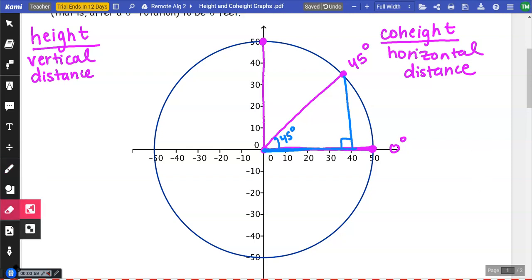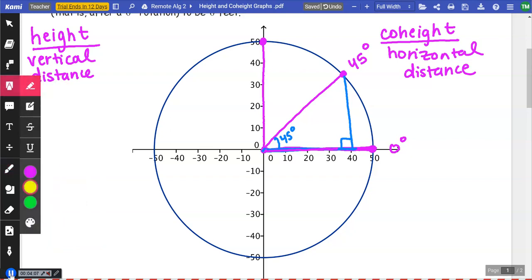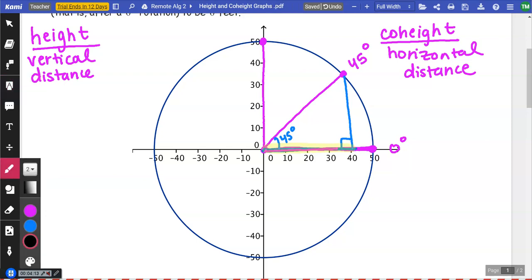Interesting. Okay. So this side of the right triangle here, I'll use a highlighter. This distance right here, this side length of this triangle, is the coheight of this point here, of the 45-degree angle. So this is our coheight because it's the horizontal distance.